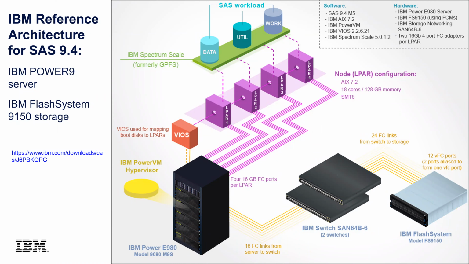And on the back, you'll see a depiction of what ends up on our storage environment, whatever it happens to be. And those are the key SAS areas. We have the SAS data, which is where we store our persistent data. And then we have the 2 areas that are commonly known as scratch areas, SAS work and SAS util loc.